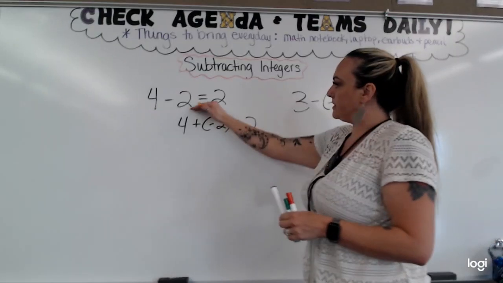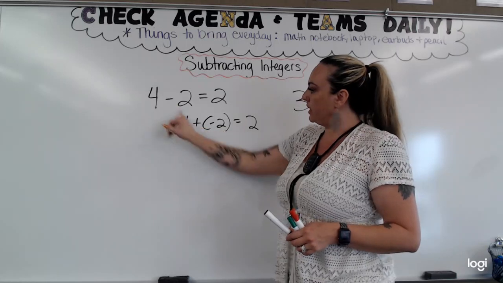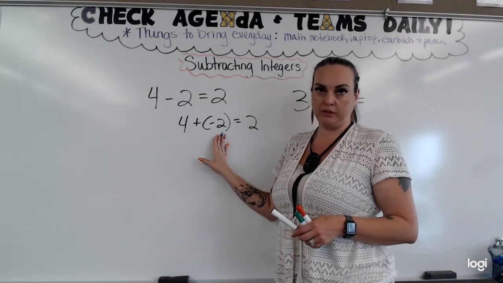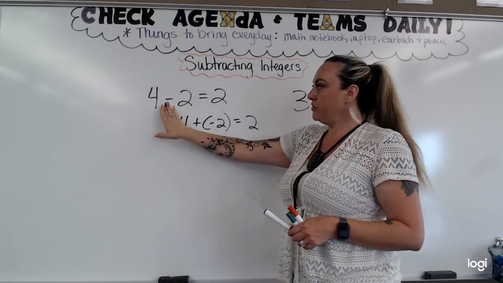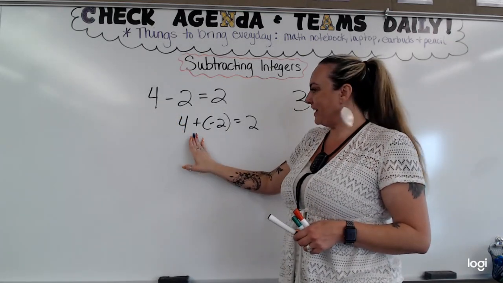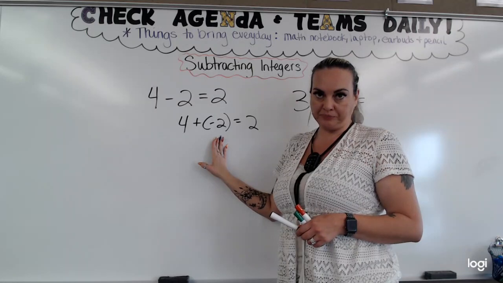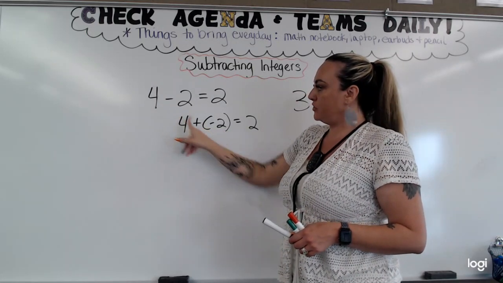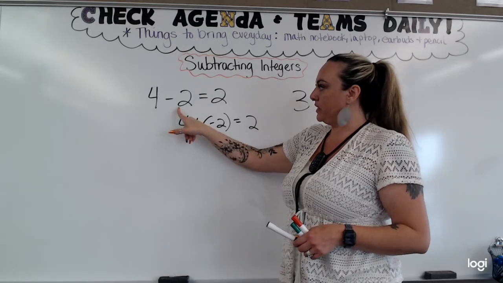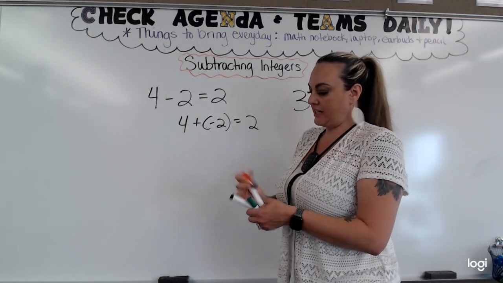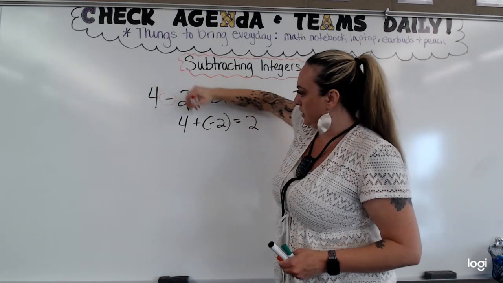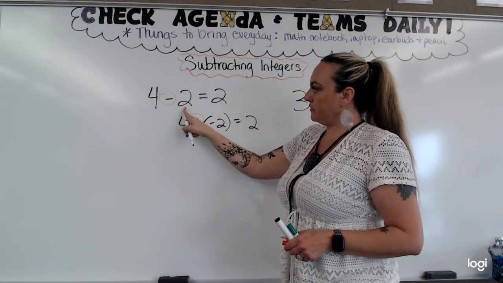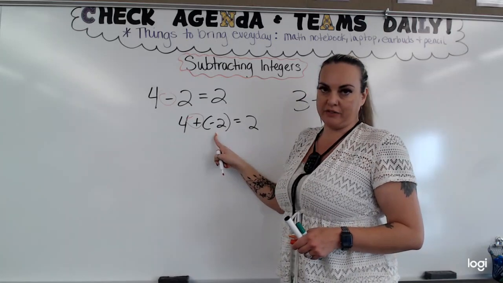Looking at this, we can see that subtraction is adding the opposite number. I'm going to say that again. When you subtract, you are adding the opposite number. So instead of minus 2, we are adding negative 2 because we're changing this sign to addition. And instead of it being a positive 2, we're now adding a negative, and it's the same thing.